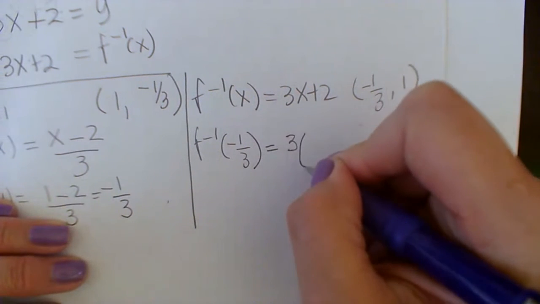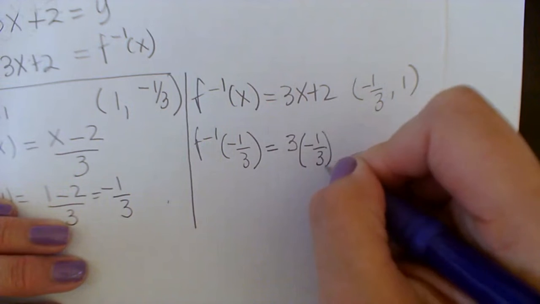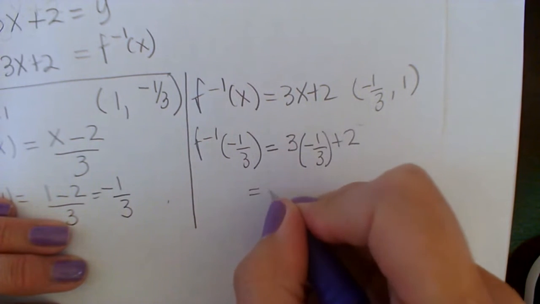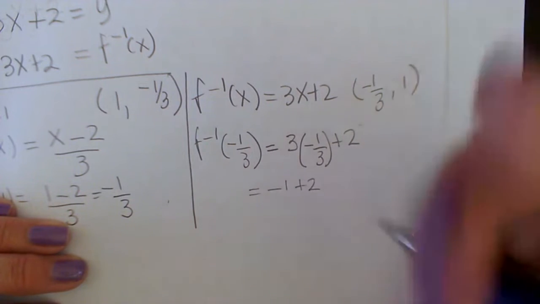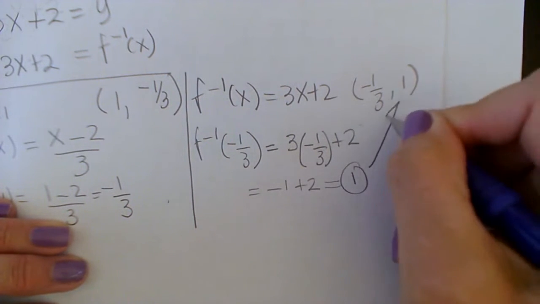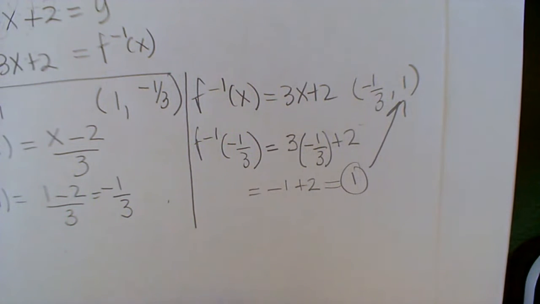So it would be 3 times negative 1 over 3 plus 2. So this is going to be negative 1 plus 2. What is negative 1 plus 2? 1. All right? It's exactly the same.